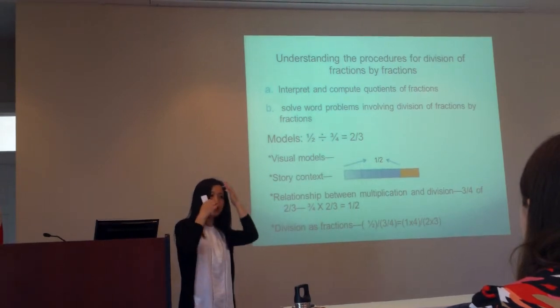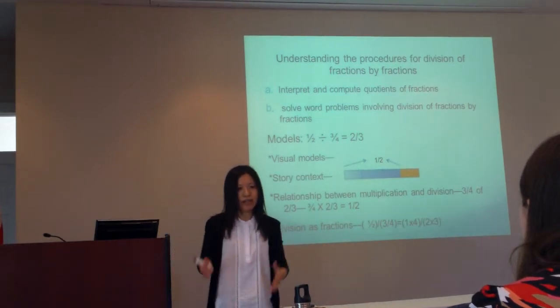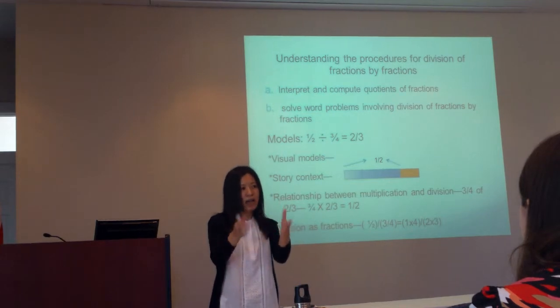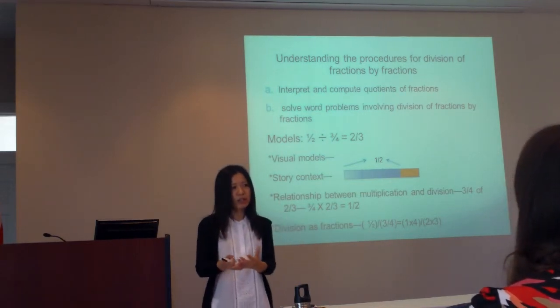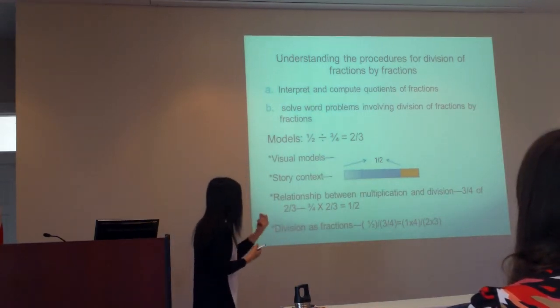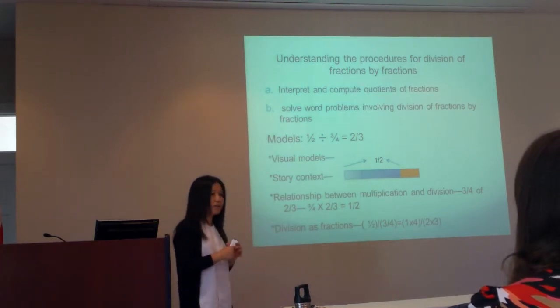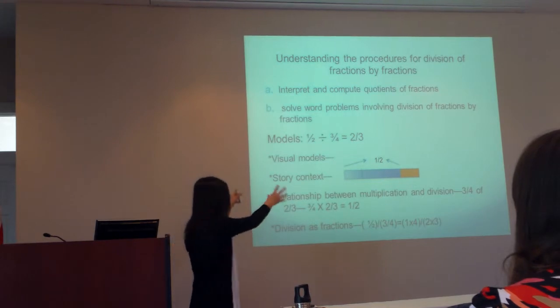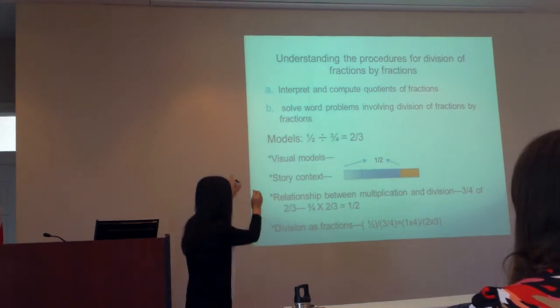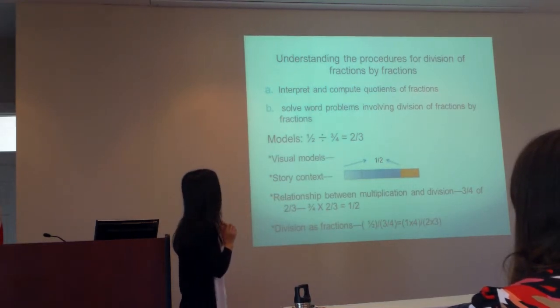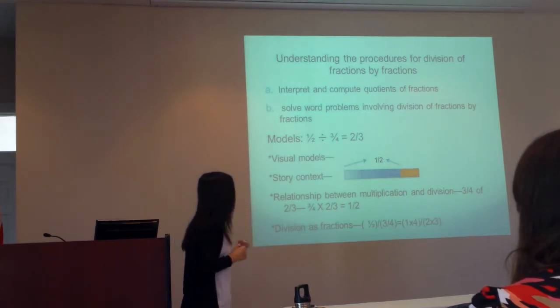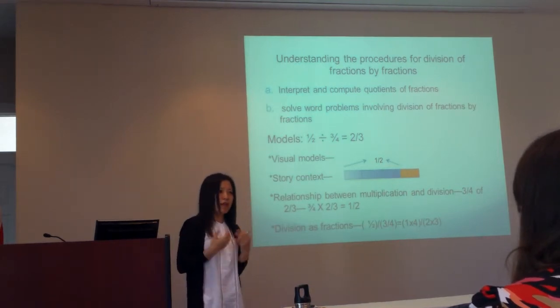Students learn multiplication of fractions first, and building on their knowledge of multiplying fractions, if they know that 3/4 of 2/3 equals 1/2, we can build on this knowledge to help them understand the procedure of 1/2 divided by 3/4 equals what?